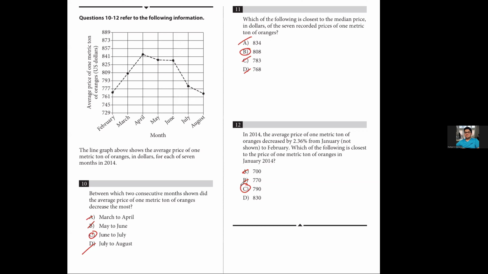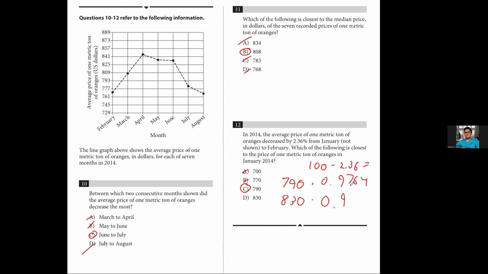You'd check this by taking the answer choice, so 790 for C, or 830 if we look at answer choice D, and then multiplying by 0.9764, which is 100 minus the 2.36%, converted into a decimal.